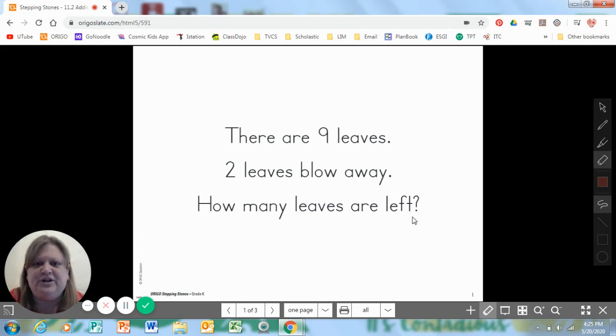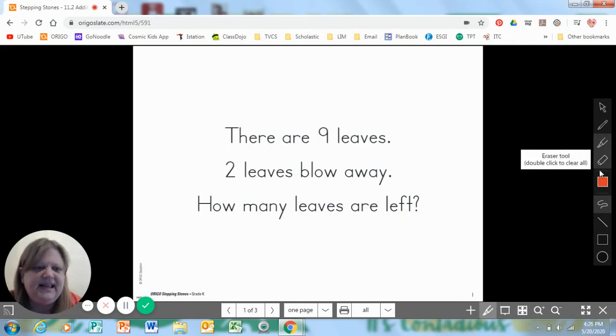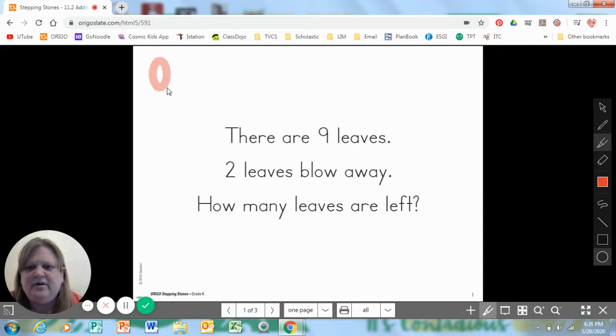Now, if you were to draw this on paper, which you can go ahead and do with me if you would like, it would look something like this. And I'm just going to use circles. So how many circles would I need at first? 9.